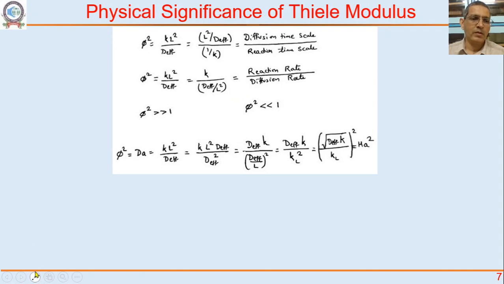Phi square far greater than 1 means the reaction time scale is very small as compared to the diffusion time scale. Diffusion takes a long time, reaction is very fast. That means in this particular case reaction is faster than diffusion.